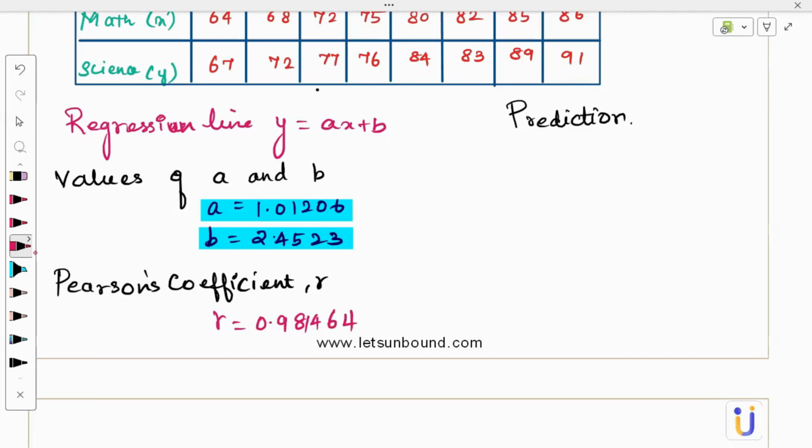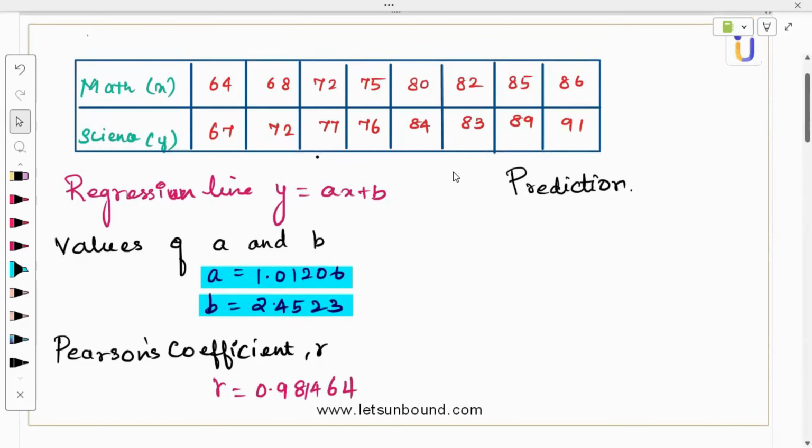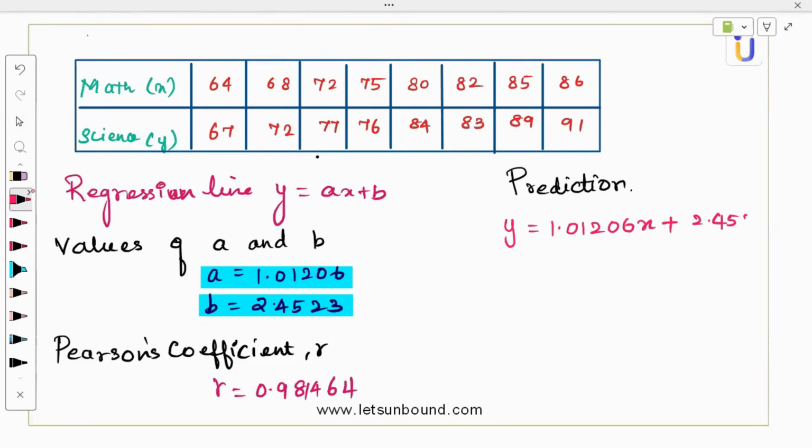Then there is a prediction question. Actually the question is, when a student got 78 in math, what is his science score estimate, right? So we can just use y is equal to ax plus b. Let's make this approximate linear regression equation: 1.01206x plus 2.4523.